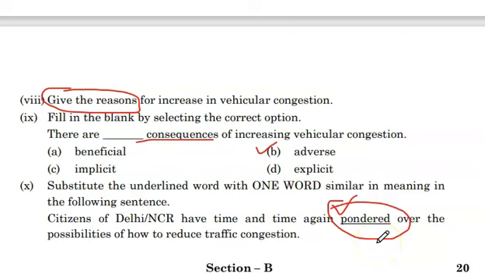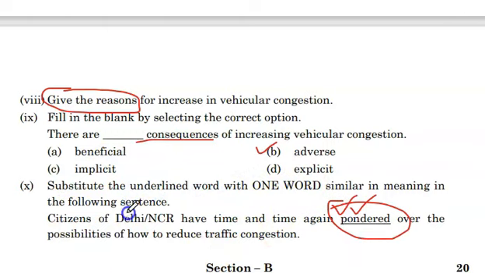Another word that you can use is contemplated. So contemplated, considered, thought about, thought over. These can be words of similar meaning for the word pondered over. Ponder over means you are thinking over or thinking about how to find out something. That is ponder. So this is all about the second passage.